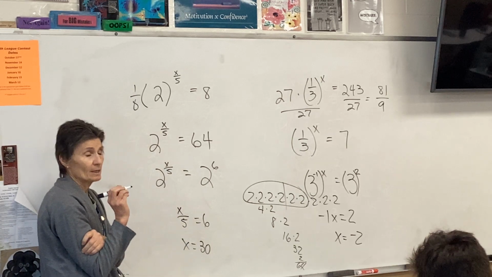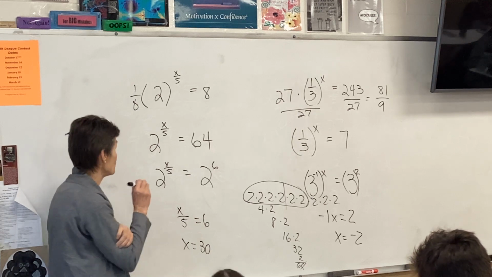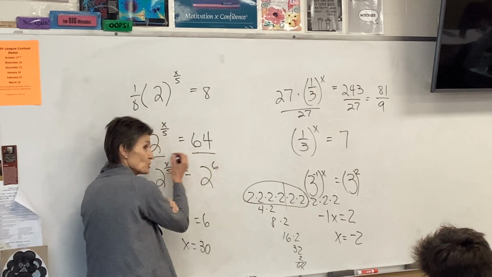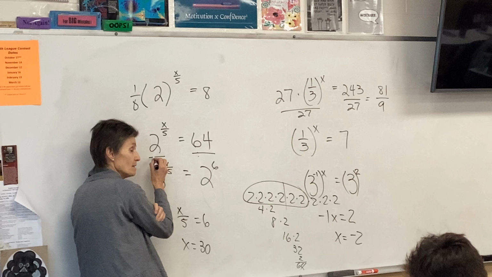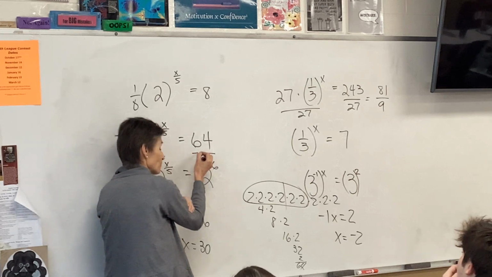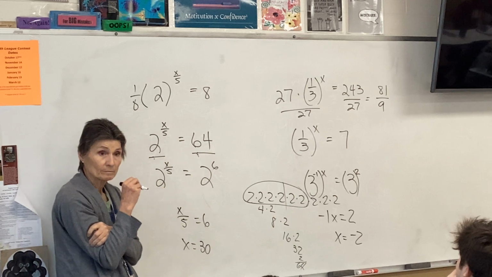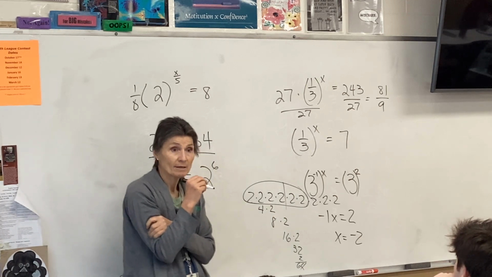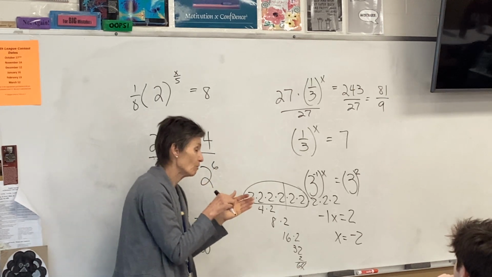If you're not doing this on the calculator, then you have got to be able to make these numbers match. 2 is as simple as it gets, so I'm going to leave the 2 and work on making my 64 into a 2. If I had a 27, I would make it into a 3, right? We got certain numbers that we keep seeing over and over again.